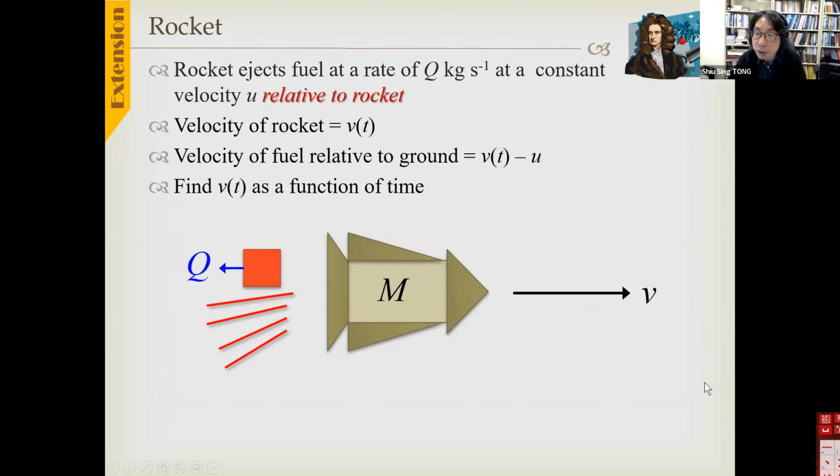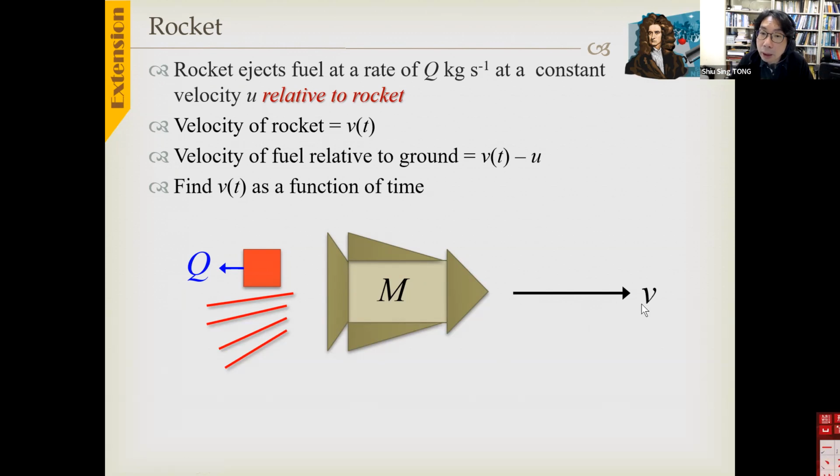Now we define the positive direction to be the right, which is the direction of the motion of the rocket. So v takes on a positive sign and u takes on a negative sign for the fuel. So v minus u becomes the velocity of the fuel relative to an observer on the ground.